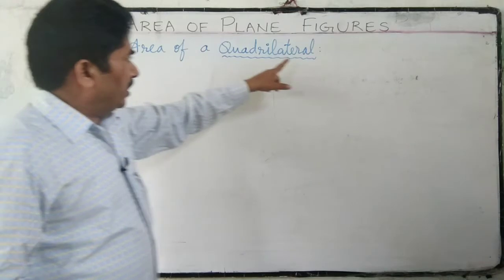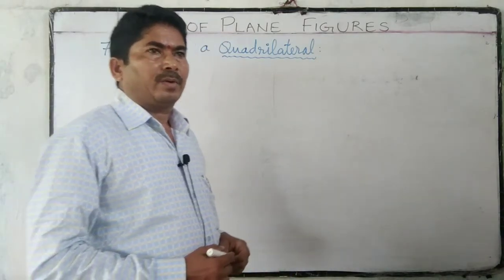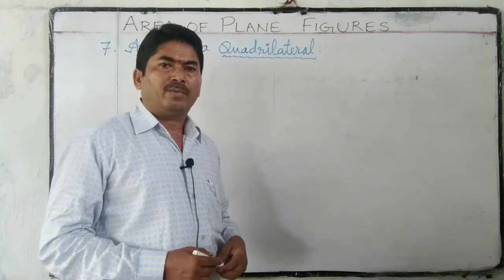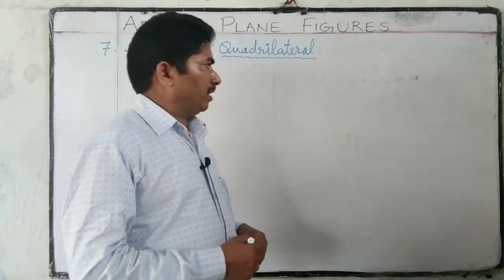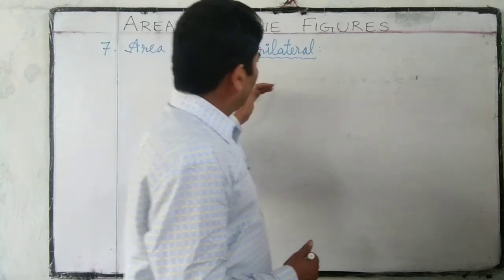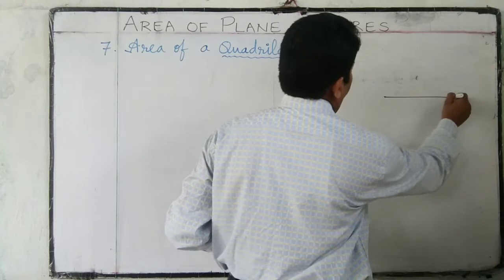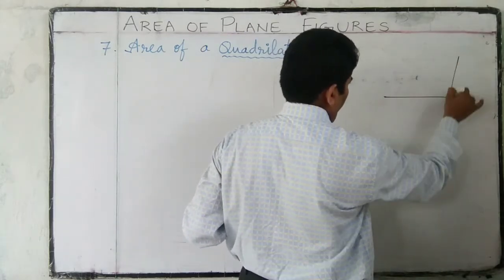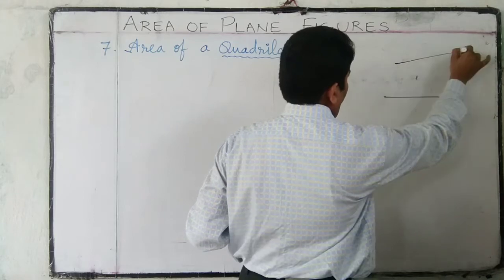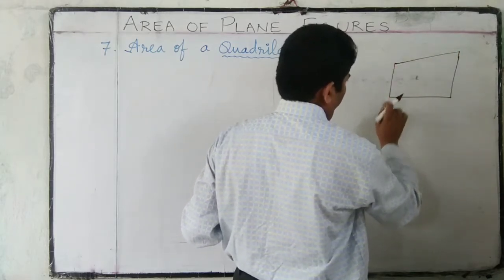Area of a quadrilateral. What is a quadrilateral? A simple closed figure formed by 4 line segments is called a quadrilateral. Let us draw a figure first. Quadrilateral. This is a quadrilateral.